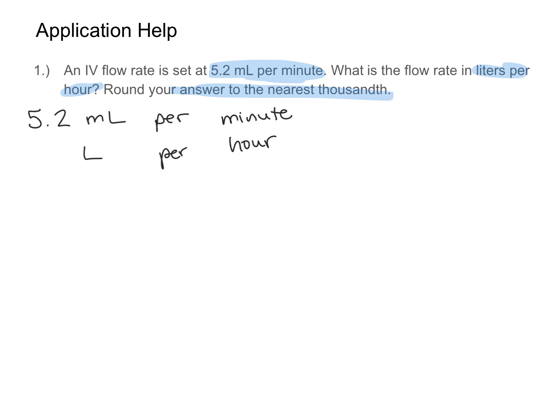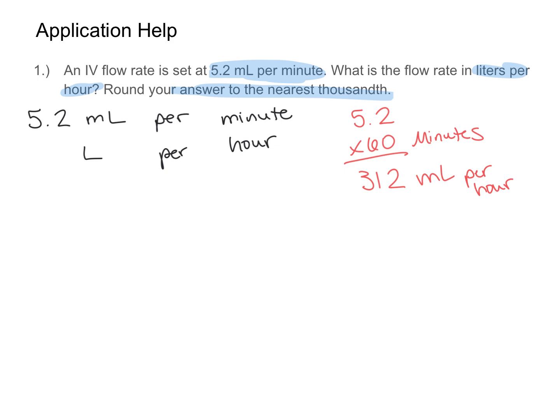That gives me how many milliliters per hour, which is useful because now I have to figure out how many liters per hour, and at least I already have my time converted.